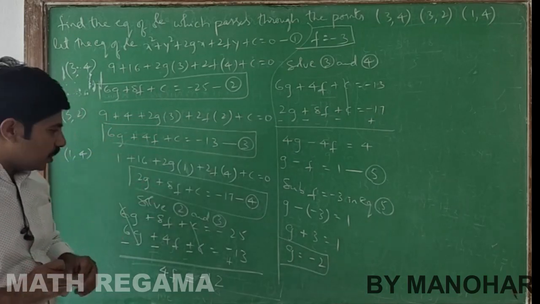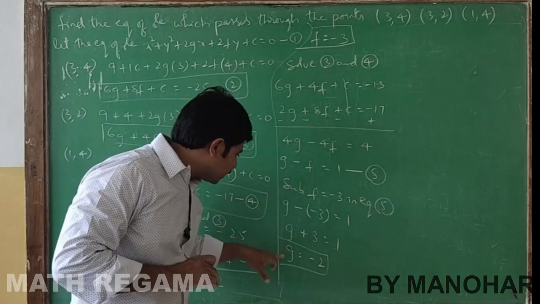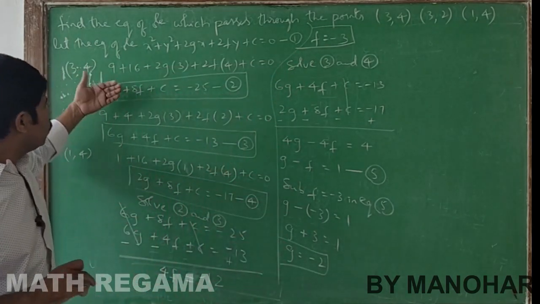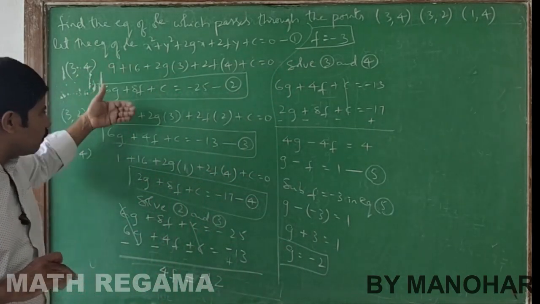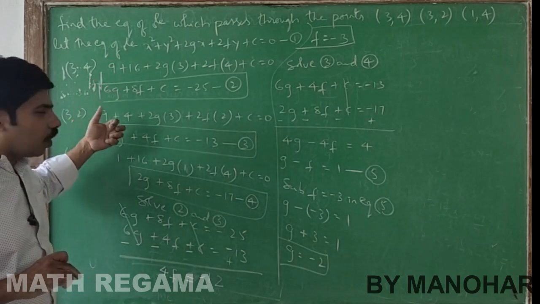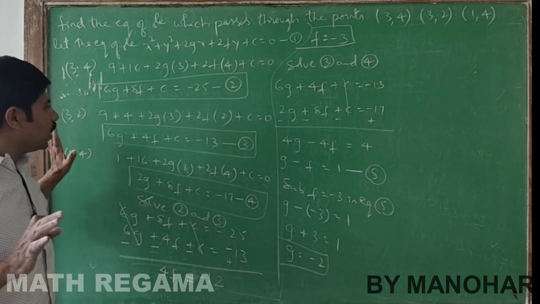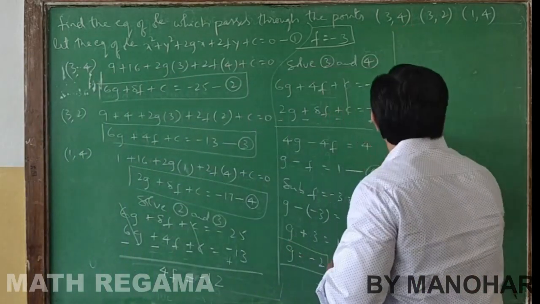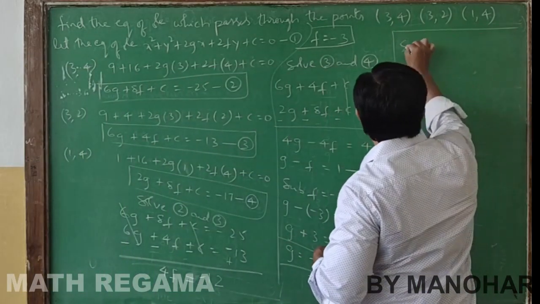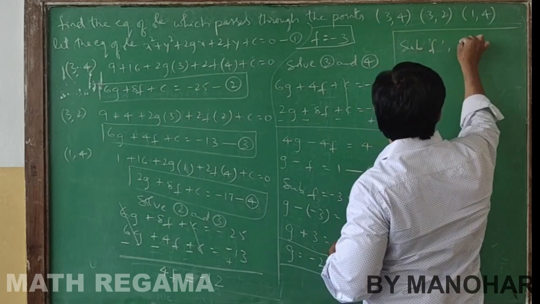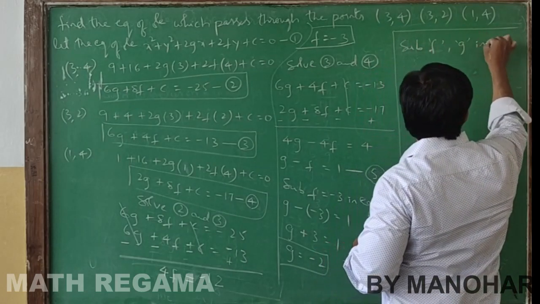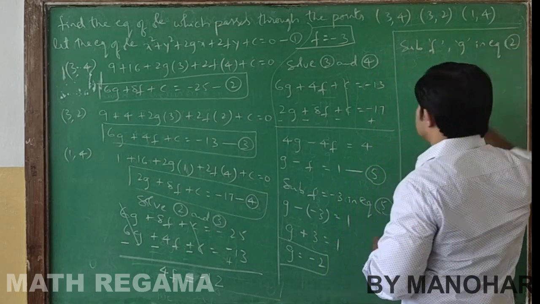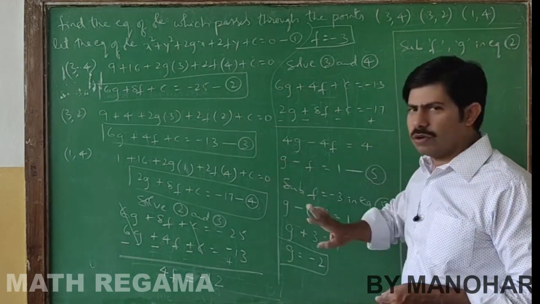To get the value of c, you can use f and g values in any one of these three, either 2 or 3 or 4. I am using equation 2. You can do it in 3 or 4, no problem.